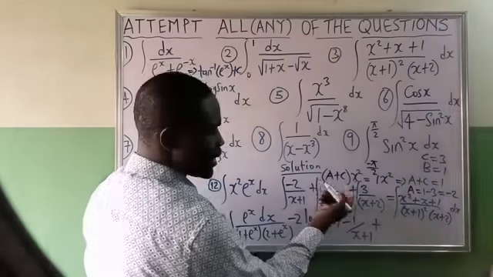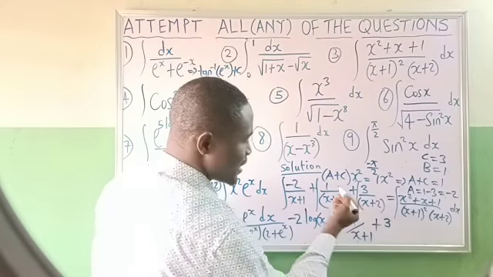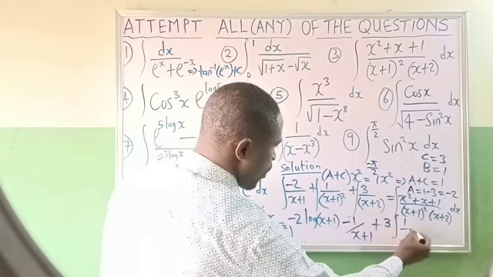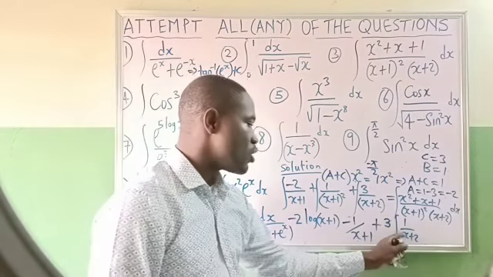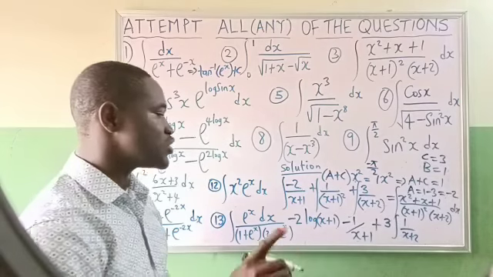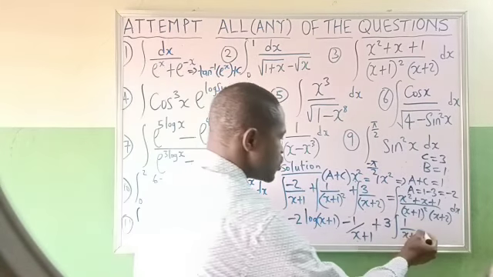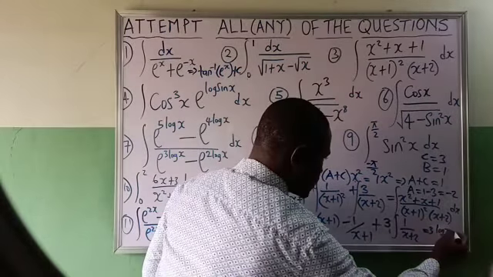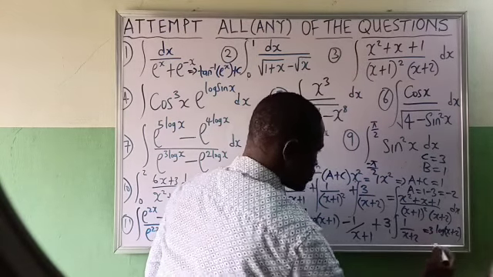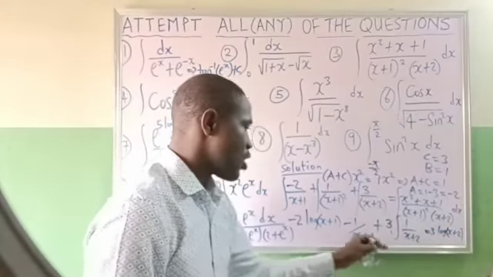Then to integrate this next one, I will bring out this 3. It will remain 1 over x plus 2. Now to integrate 1 over x plus 2 is the same thing as log x plus 2. So this one will give me 3 log x plus 2. I will carry it and come and replace.